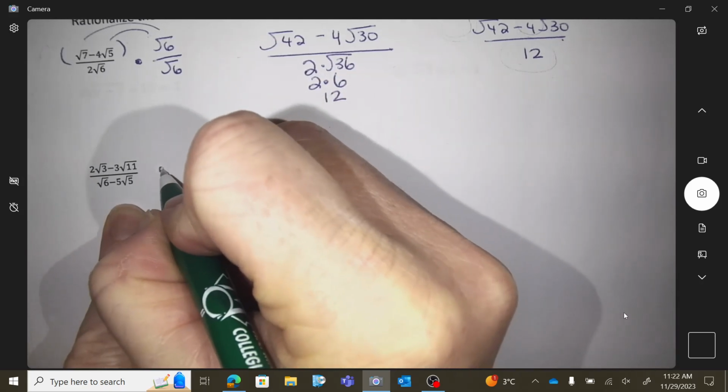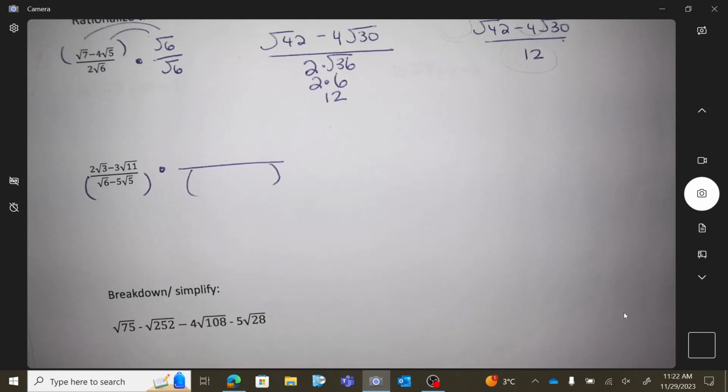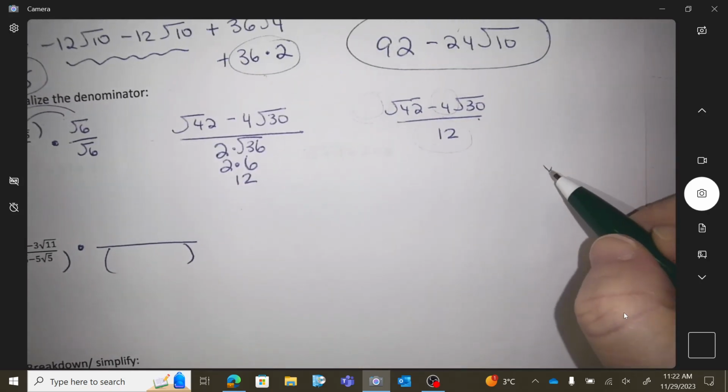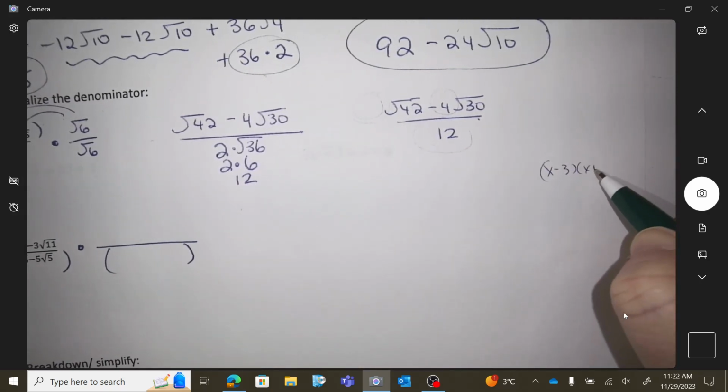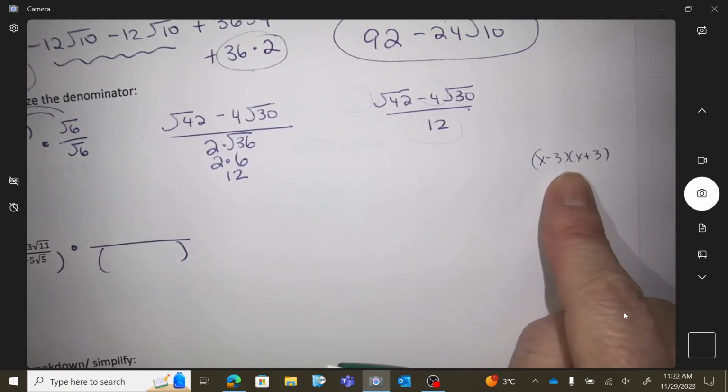So what's the difference when we do binomial bottoms? Anybody remember that fancy special word? Conjugate. Yep. So we multiply by its conjugate. It's kind of like that difference of squares, right? When you do a difference of squares. This is a difference of squares, right?